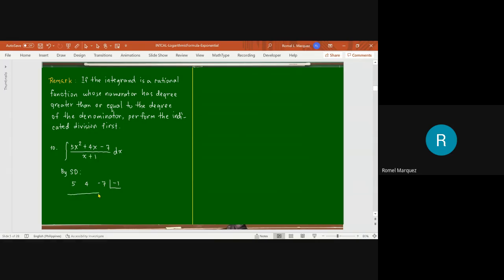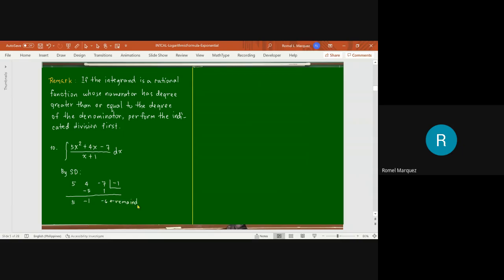Okay, guys? We have 5. Bring down 5. Multiply by -1. Add -1. Multiply by -1. So positive 1. Add -6. So this is called remainder.